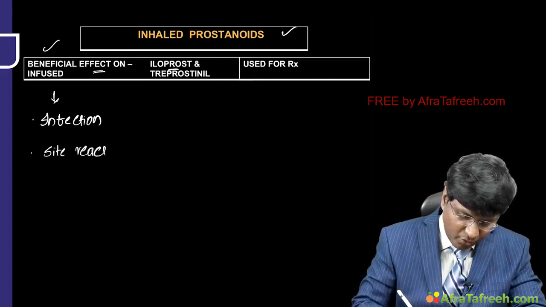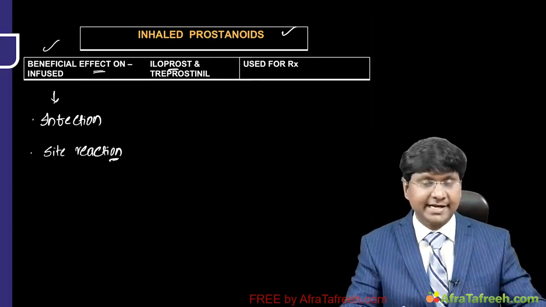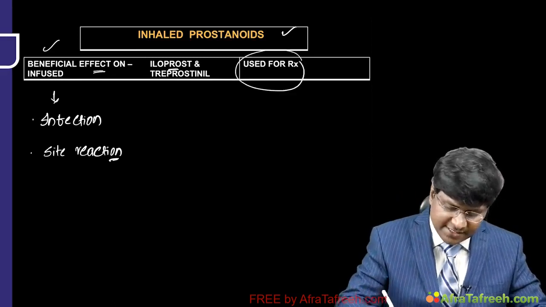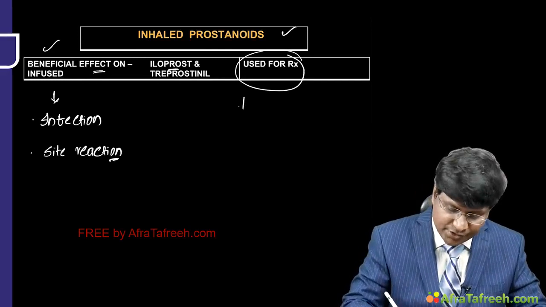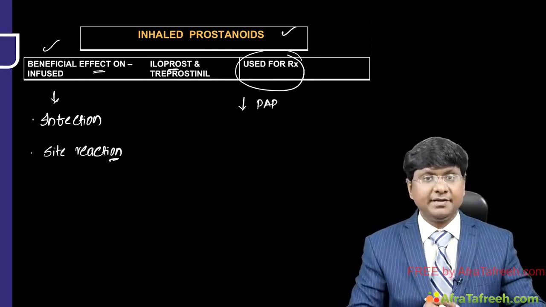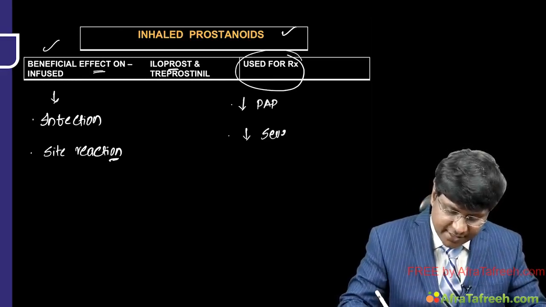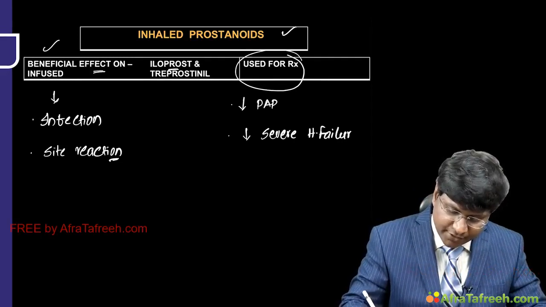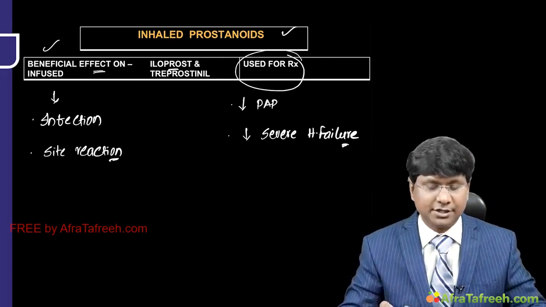That can be overcome by inhaled prostanoids, that is iloprost as well as treprostinil. Inhaled iloprost and treprostinil are used in the treatment of pulmonary artery hypertension by decreasing the pulmonary artery pressure, and they will also reduce the severe heart failure symptoms. That is the advantage of inhaled iloprost as well as treprostinil.